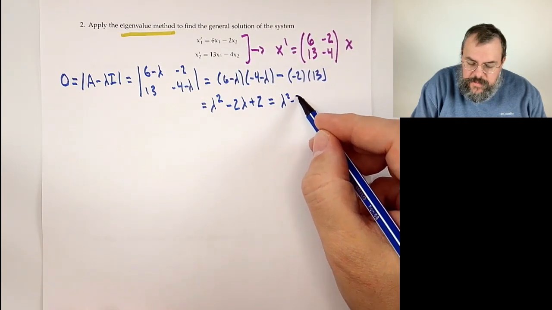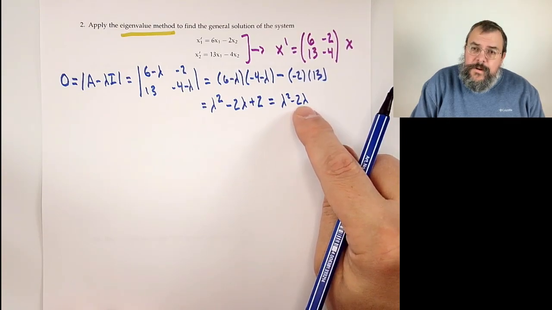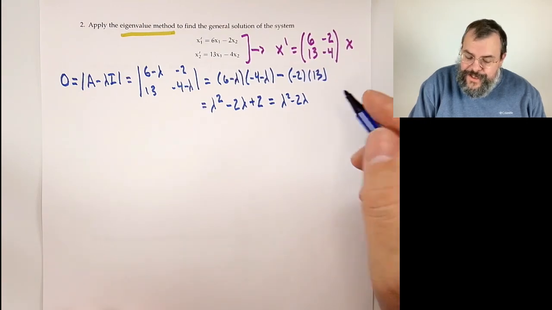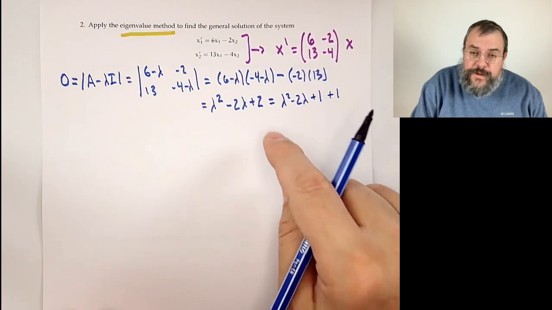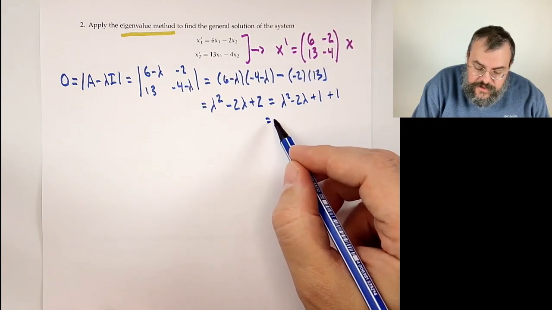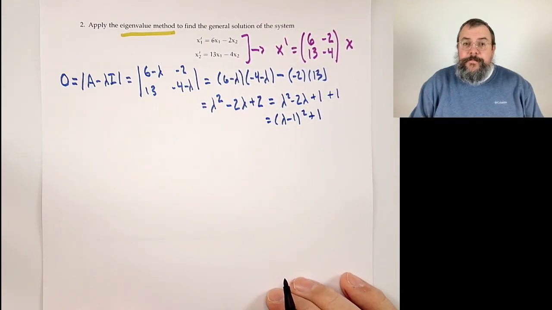This is lambda squared minus 2 lambda. What would I need to add? Well, divide the middle term by 2. It's negative 1. Square it. I'd need to add 1. And then I'd have another 1 because I need to get up to 2. And so this is really lambda minus 1 squared plus 1.